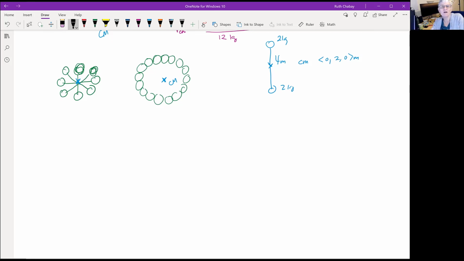Any object, any system, collection of objects has a center of mass, whether or not there's an atom there. So how can we relate this to motion? I don't understand, Alexander, what you mean, do we correct for the math? Yes, Seth, that's exactly right.